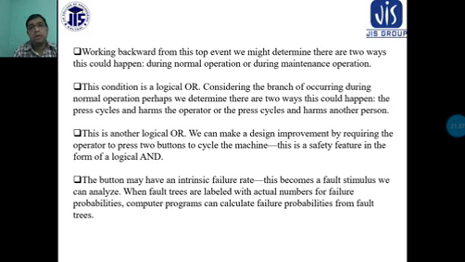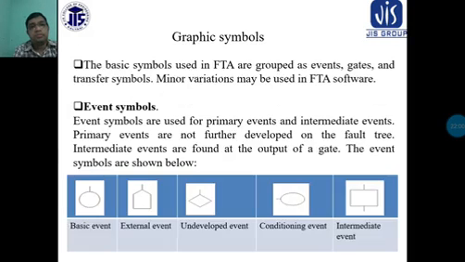Fault tree analysis involves simulation, so you first have to recognize which type of analysis will be done, and the same type of data is put into the software. It then calculates the probabilities of faults or failures in the system.